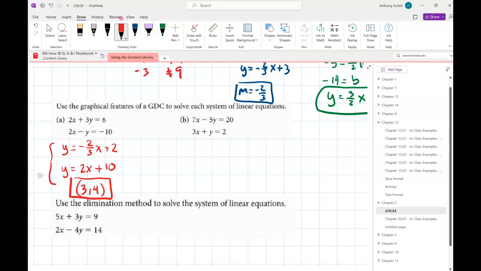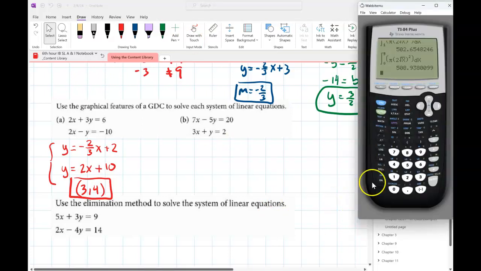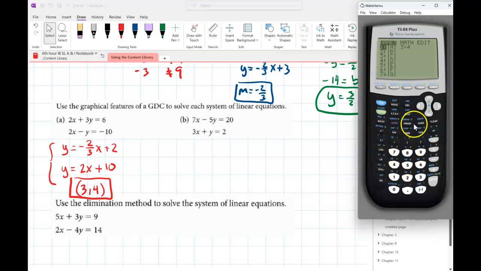What's the other way you could do this problem on your calculator? You could use a matrix. Remember doing that? That's Mr. Kulik's preferred method because it doesn't have to be 2 variables to make this work.